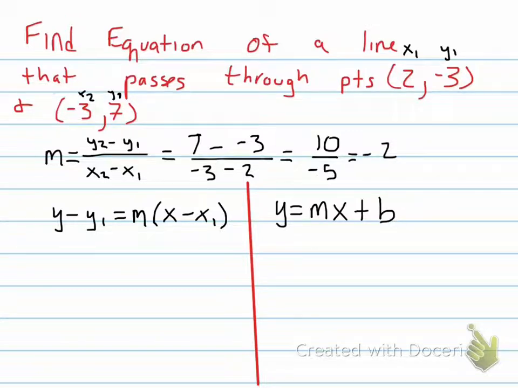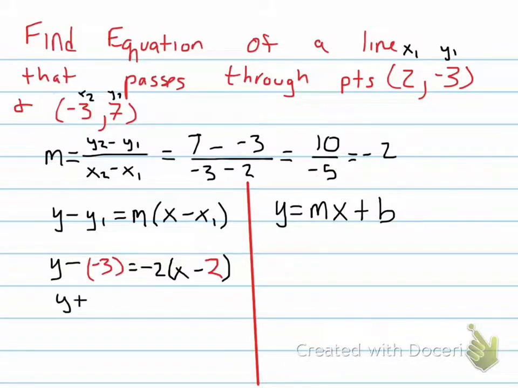So we're going to use that to solve for b now. I plug into the equation y minus y1 equals the slope, -2, times x minus x1, which we labeled. So now it's going to look like this. I made them in red so it's easier to see. I'm going to do this all in black.